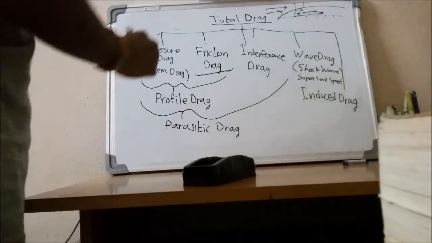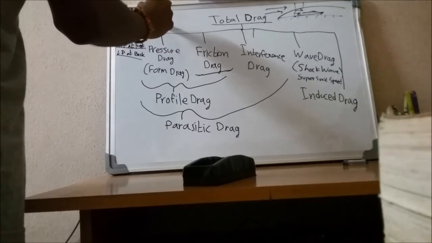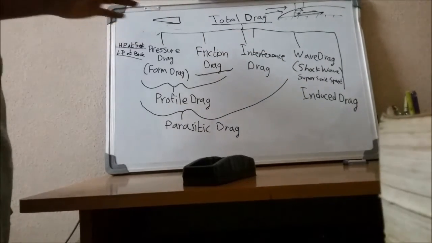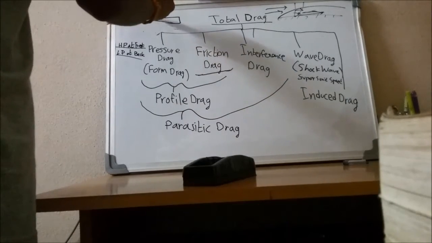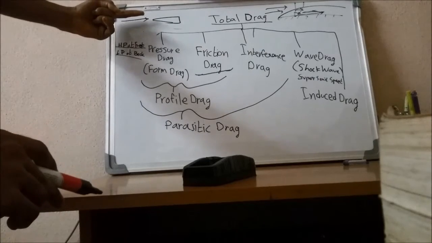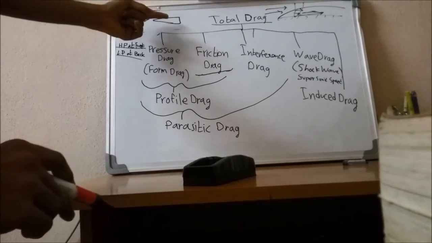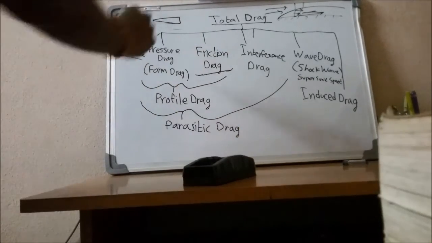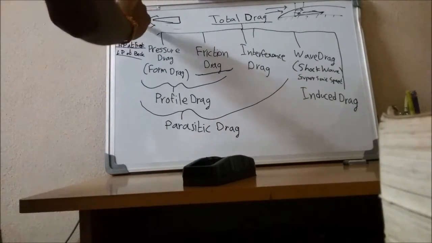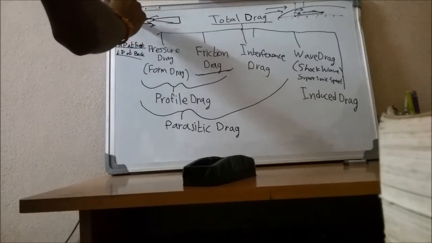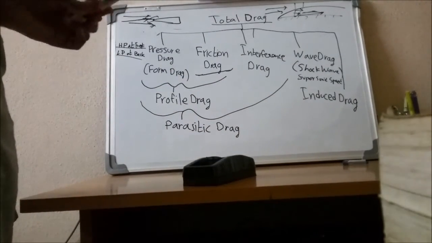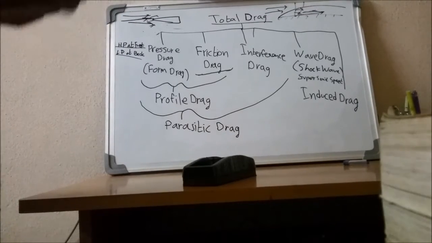So what happens is that whenever a bullet or a fighter jet is moving through the air, the fluid cannot understand that there is an object here. So instead of directing this way, it directly gets hit, because fluid understands that there is an object only due to the pressure waves that the fluid tries to feel.